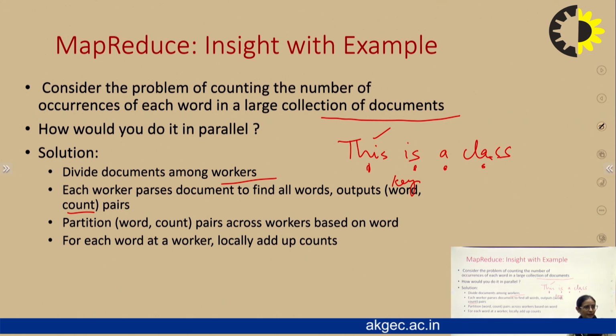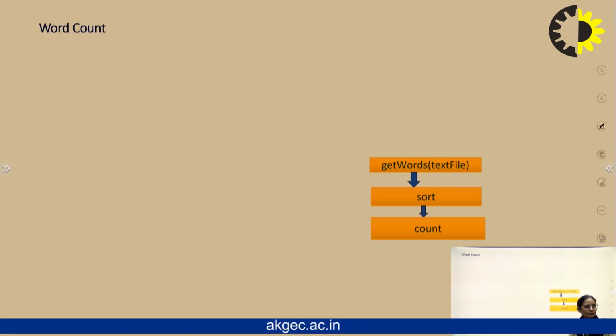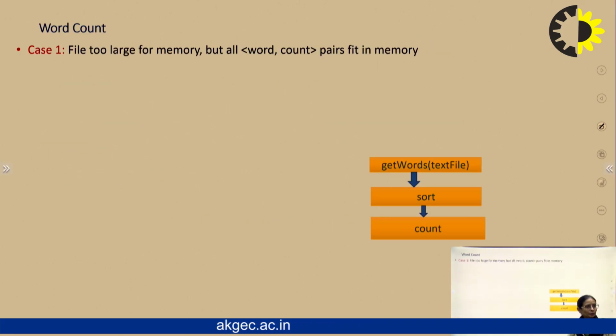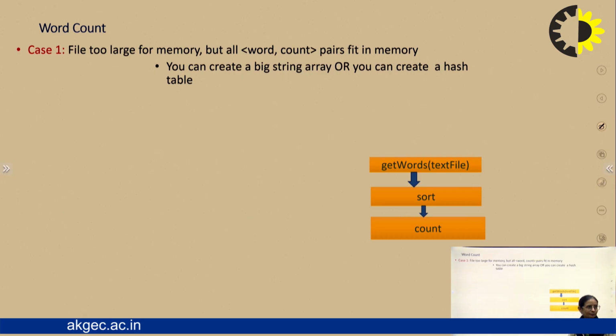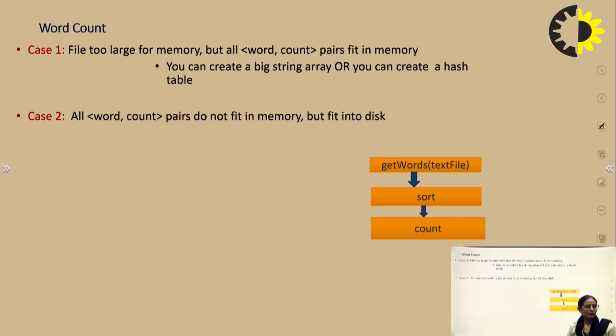For each word at a worker, we locally add up the counts. Here the file may be too large for memory, but all the word count pairs fit in memory. That might be case 1, where you can create a big string array or a hash table to store the word count pairs. In another case, all these pairs do not fit in memory but fit on disk.